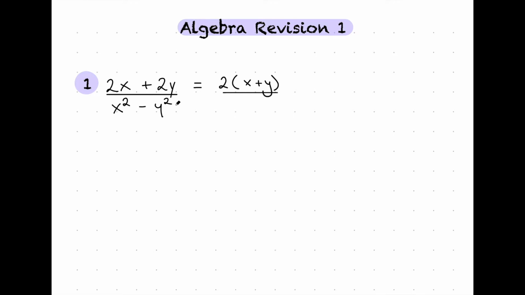And there isn't a highest common factor, but there is something special about it. It is a square number, take away another square number, and when we have that in maths, we have a rule, and it is the difference of two squares, and that will go to x minus y, x plus y. And in this scenario, we have the multiplication of x plus y on the top and the multiplication of it on the bottom.